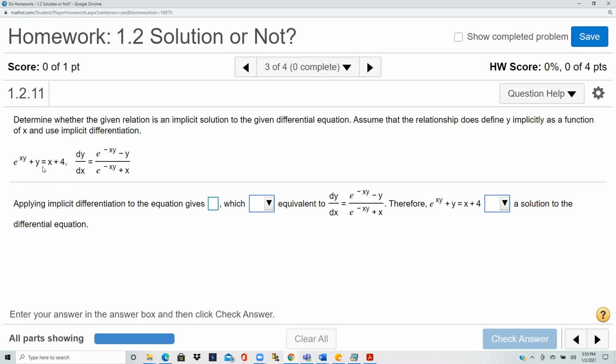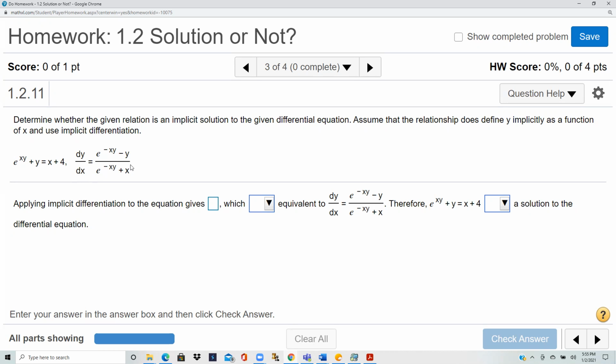In fact, it's impossible to write this equation as an explicit function of y. There's no way to separate x and y because of these two terms. And we still need the derivative of y in order to check whether this is a solution or not.